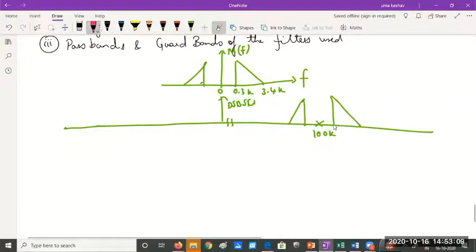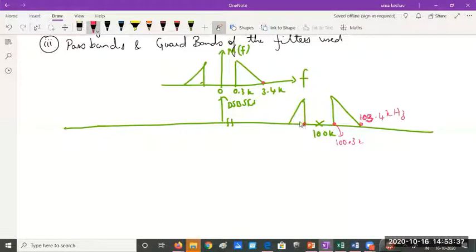Can you name these points? This would be 100.3k, right? And this point would be 103.4 kilohertz. 100 plus 0.3 is 100.3, 100 plus 3.4 is 103.4.